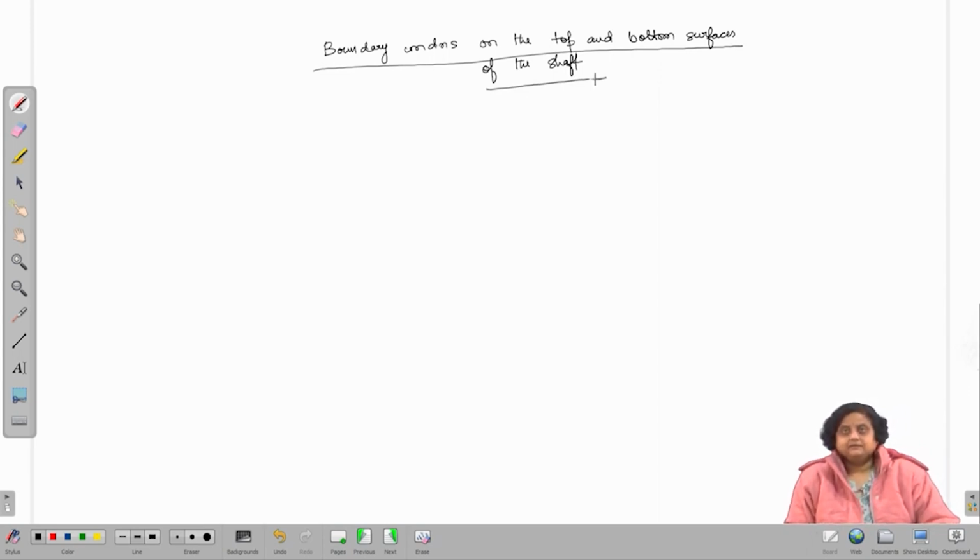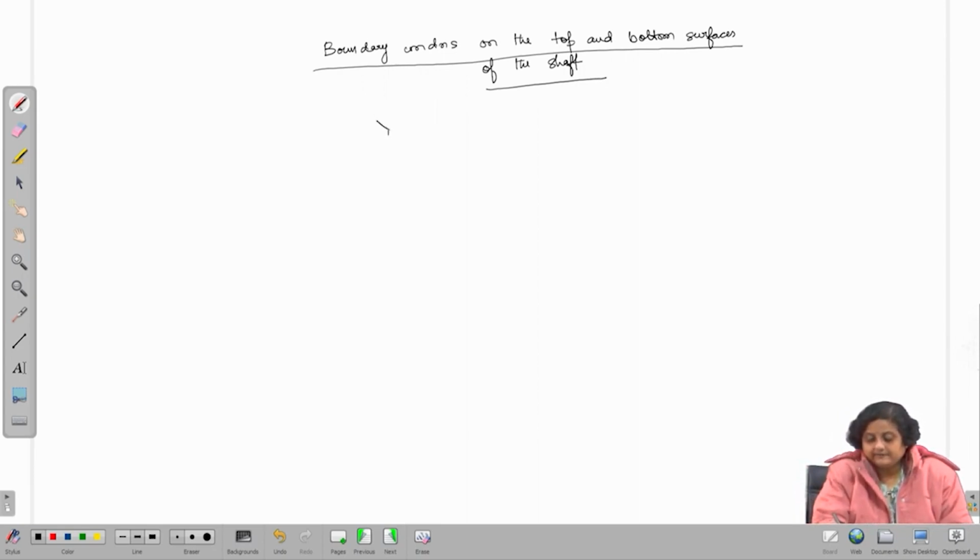Again, as I said, the top and bottom surfaces of the shaft are again free of any applied force.